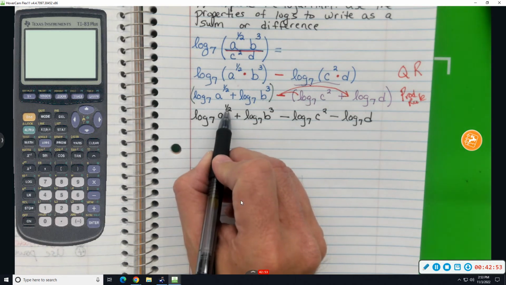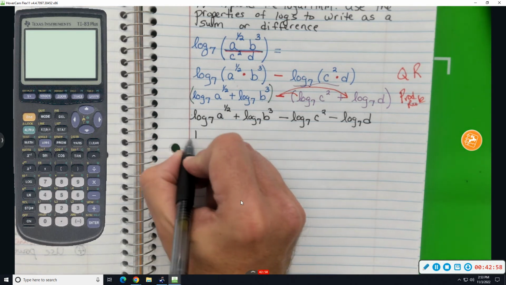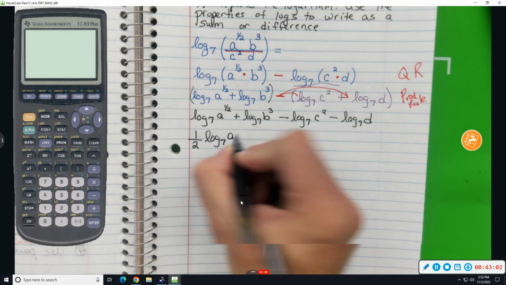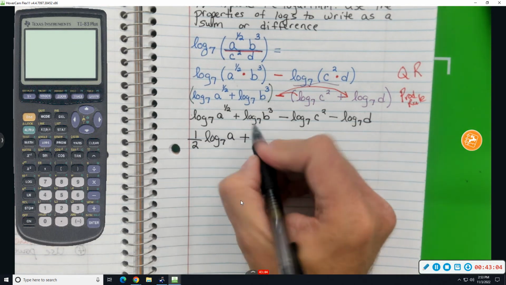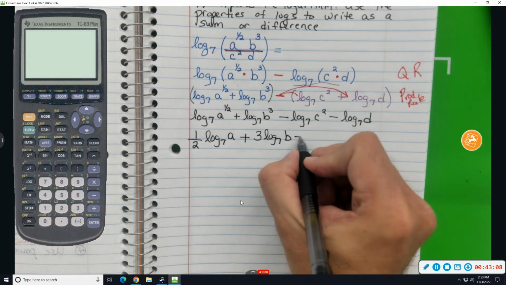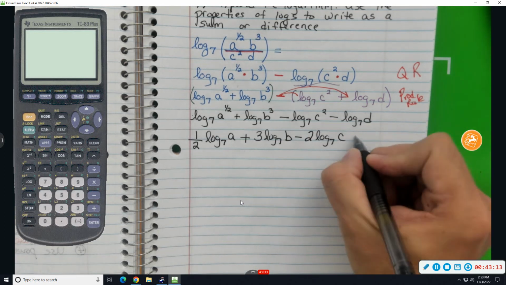No, the 1/2. So take the 1/2, move it in front of the letter L. So it'd be 1/2 times log base 7 a plus 3 log base 7 b minus 2 log base 7 c minus log base 7 d.